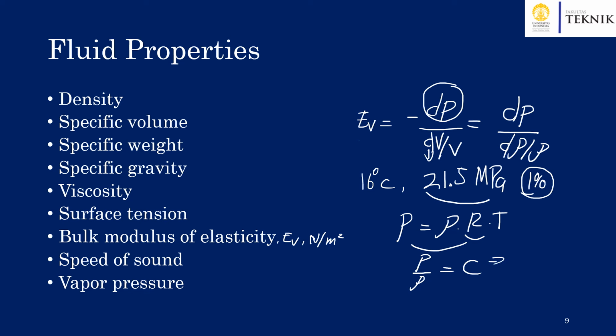So for an isothermal process, the bulk modulus of elasticity of that gas will be the change in pressure divided by the change in density divided by the initial density. And as we know that P per rho is constant, we will only have pressure. So the bulk modulus of elasticity during the isothermal process will equal the value of pressure itself.